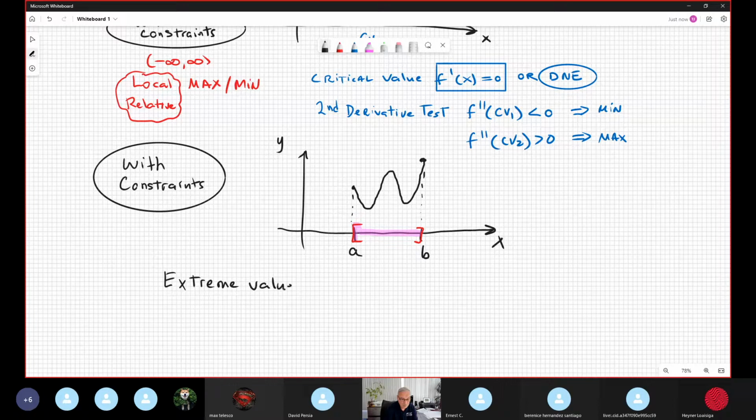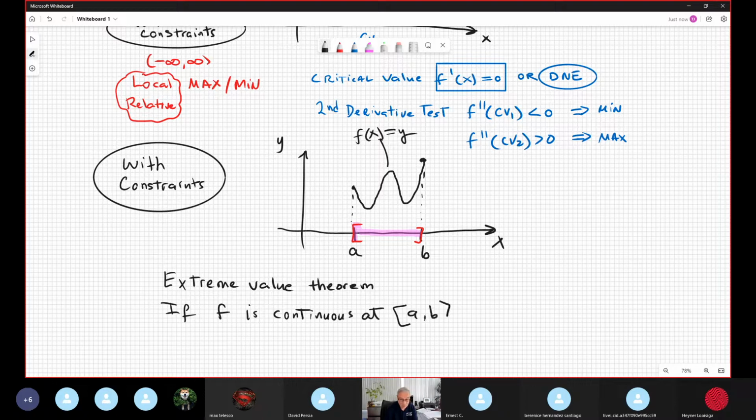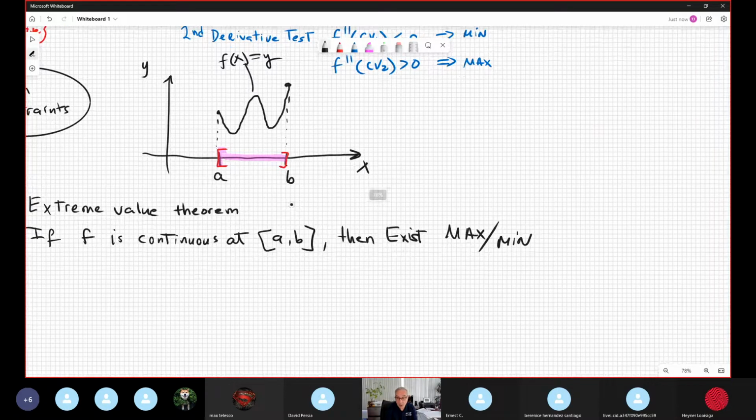This theorem says if the function f, which is this function, is continuous on the closed interval a comma b, including both endpoints, then there exist a max and a min, but in this case we are talking about global.